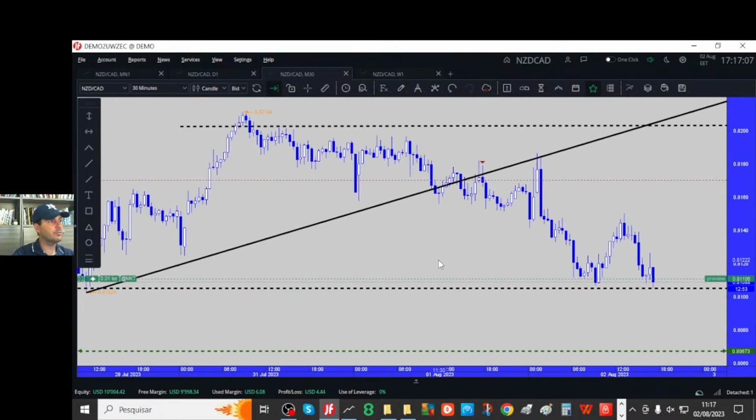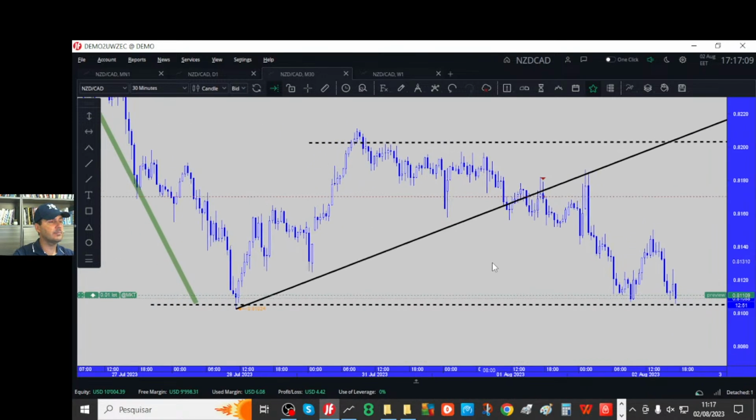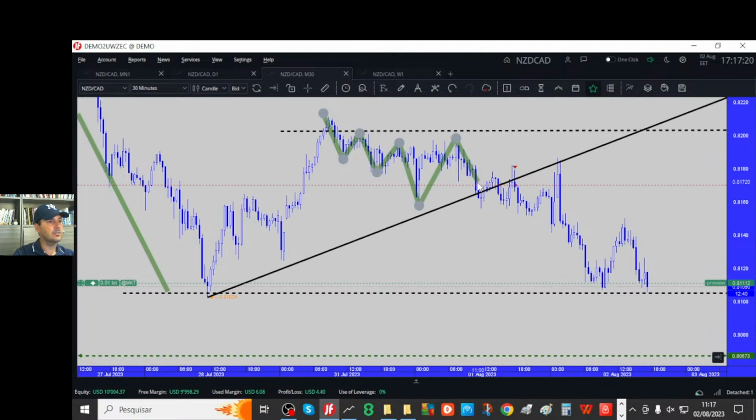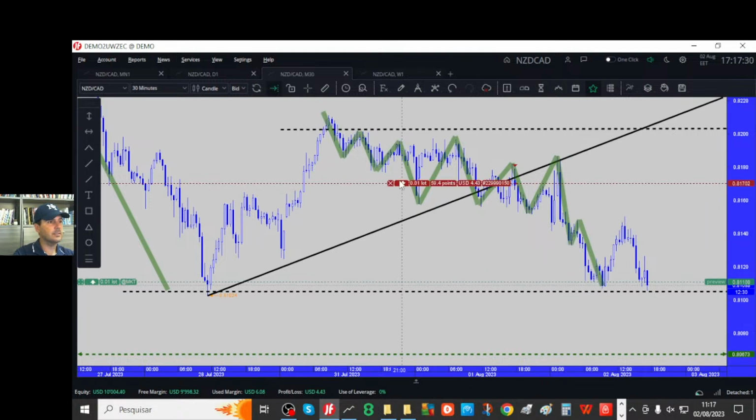Okay, everybody, so I'm on the 30-minute chart and I'm monitoring now. Some of you are going to monitor highs and lows, some of you are going to monitor the market wave: high to low, low to high, high to low, low to high, and we entered here.